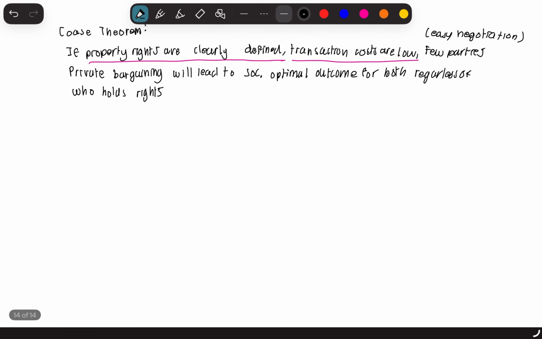Efficiency is achieved regardless of who holds the rights, but your distribution of income changes.